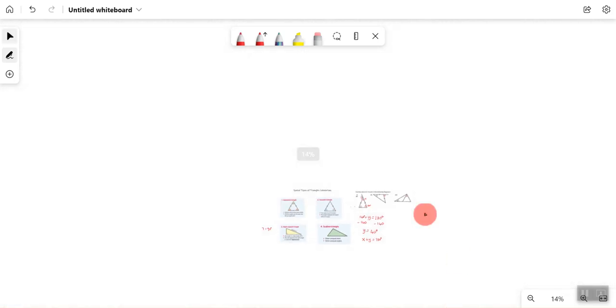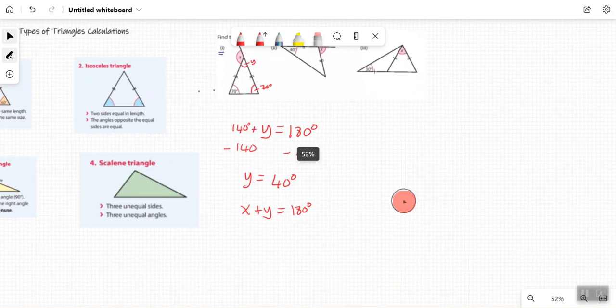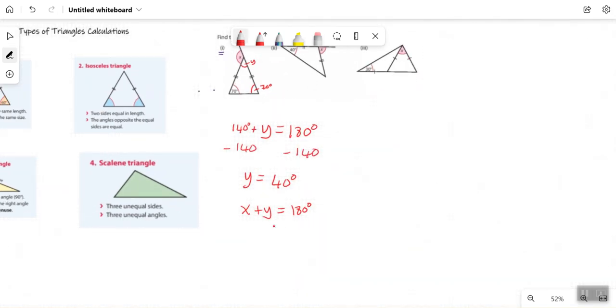We know that y is equal to 40 degrees, so we can say that x plus 40 degrees is equal to 180. Now we can work out what x is. We can just minus 40 from both sides, and x then is going to be equal to 140.